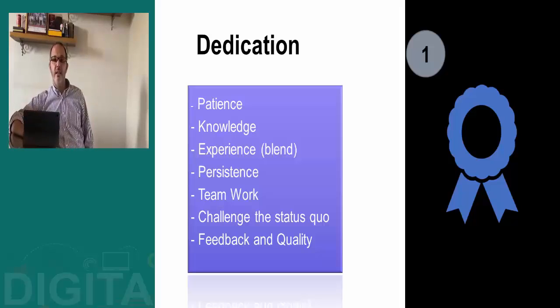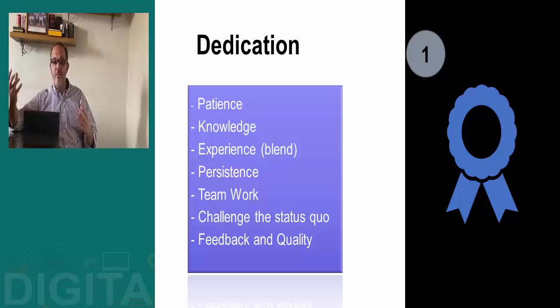My final suggestion, recommendation, advice for everyone is that this needs dedication. This digital thing, this startup business needs a lot of dedication. And with dedication, you will have developed the right patience, the proper knowledge, and the blended experience between your partners. You should not have a partner who is exactly the same as you.